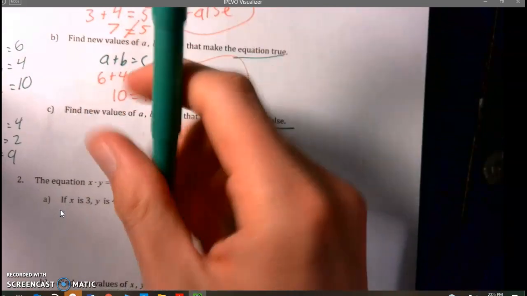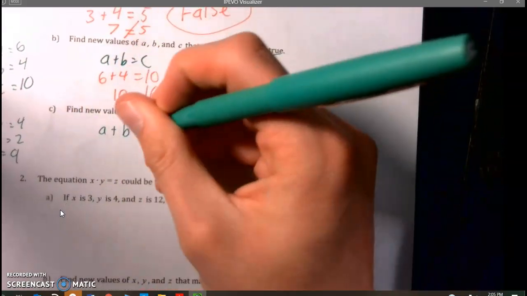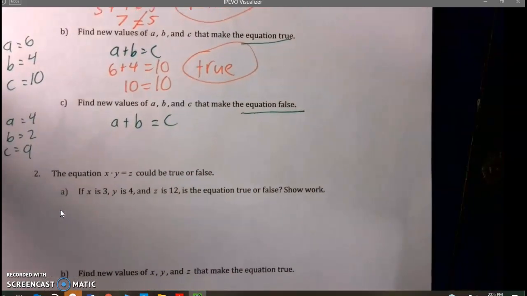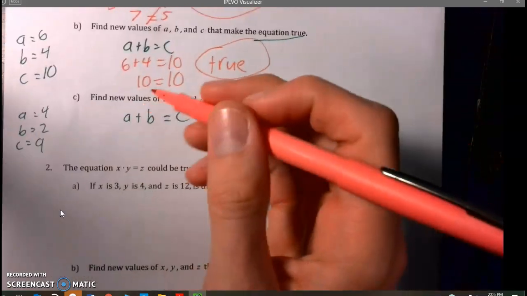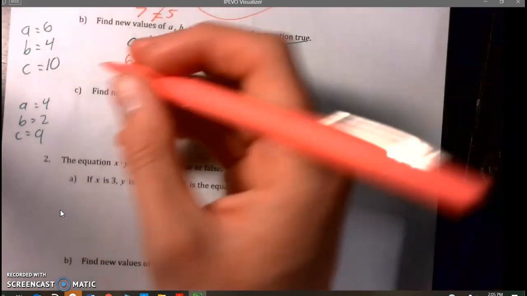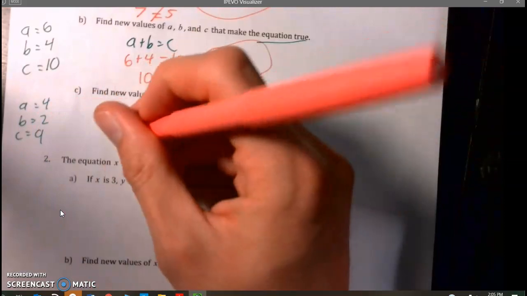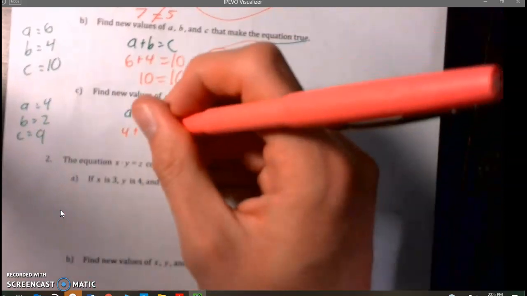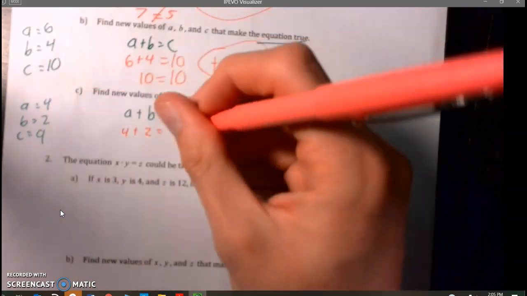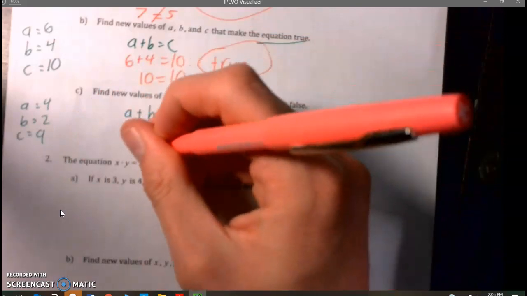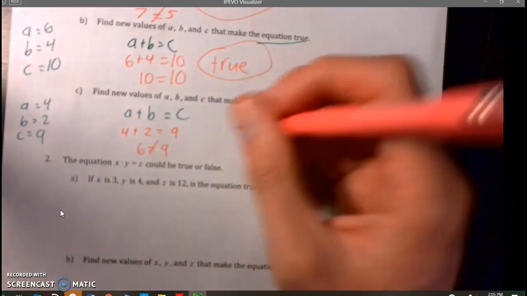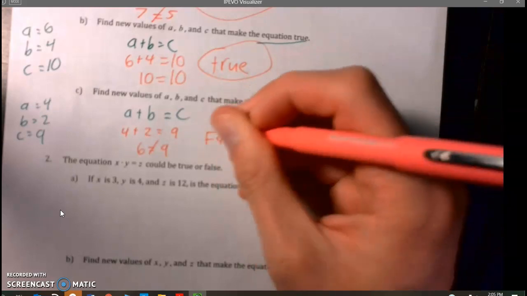Once again, I always think it's good to rewrite your equation with the variables just to really show that substitution step. So A is getting substituted with 4, B with 2, and C with 9. And 4 plus 2 is actually 6, which is not 9, so this would be false.